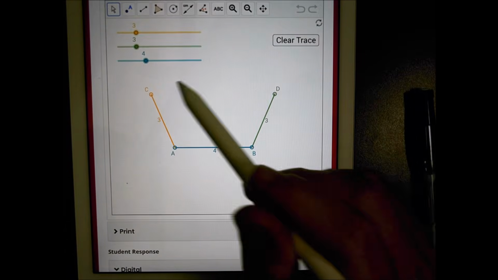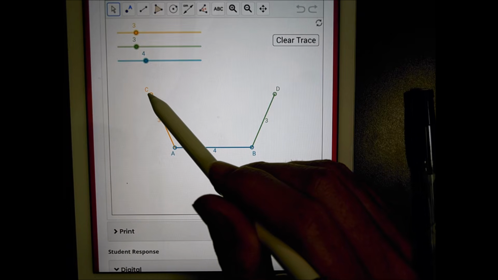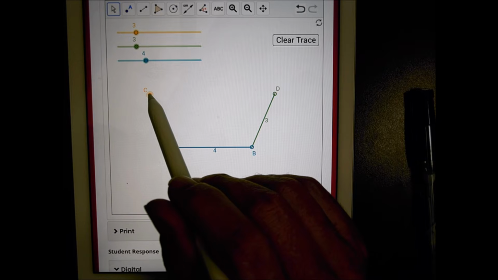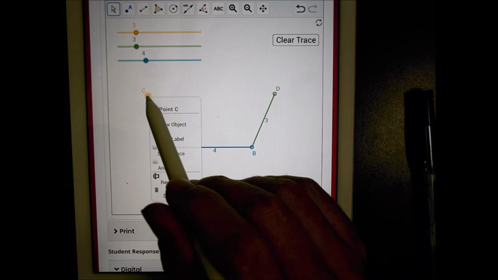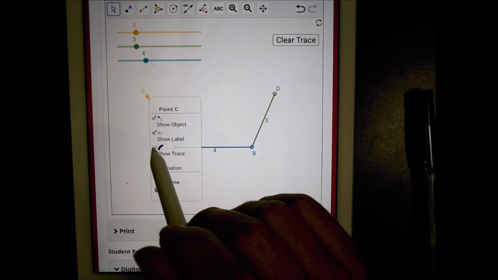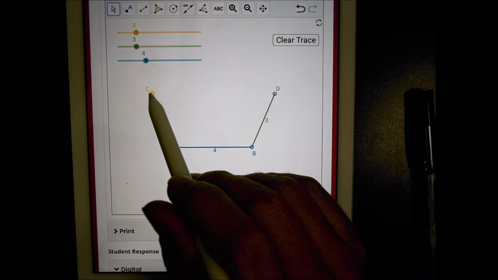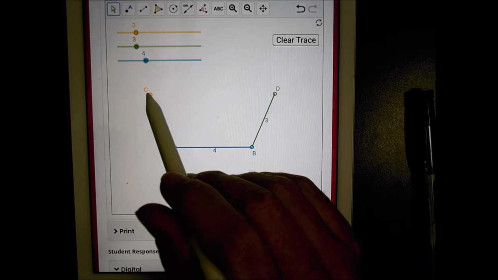So what it wants us to do for now is we're going to click on this point, and when I hold it down, it gives me the option to show a trace, and I select that. Once I show trace, I didn't quite click it there. I'll try it again.